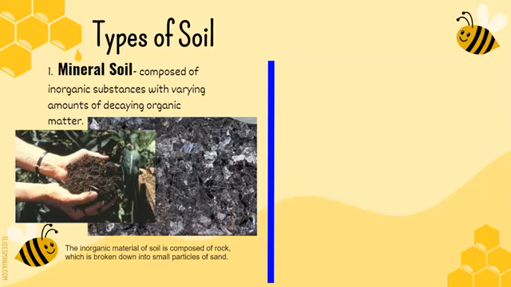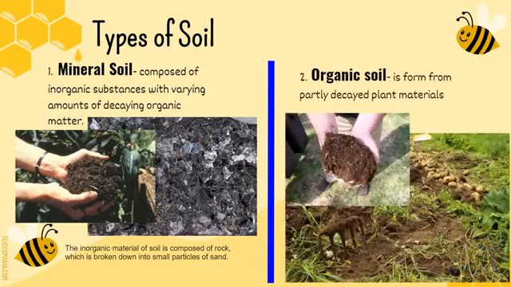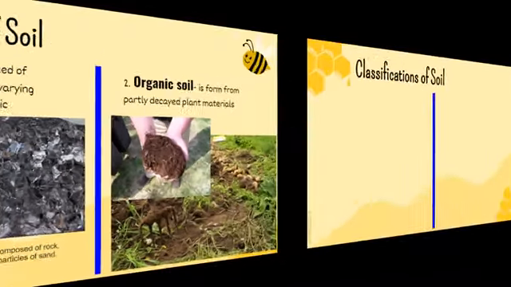The inorganic material of soil is composed of rocks, which are broken down into small particles of sand. Number two, organic soil. It is formed from partly decaying plant materials.